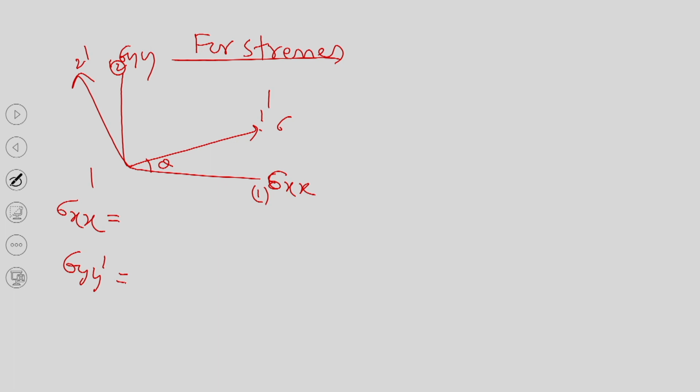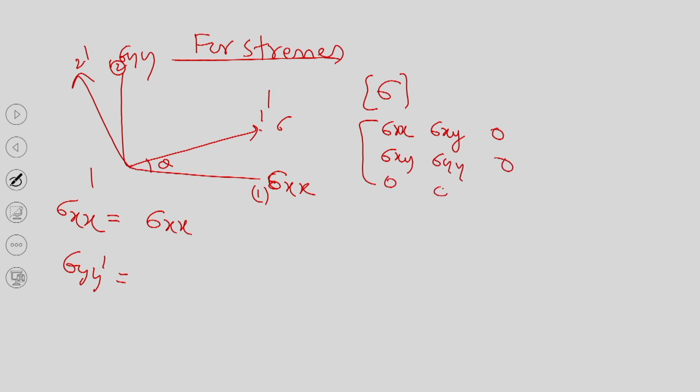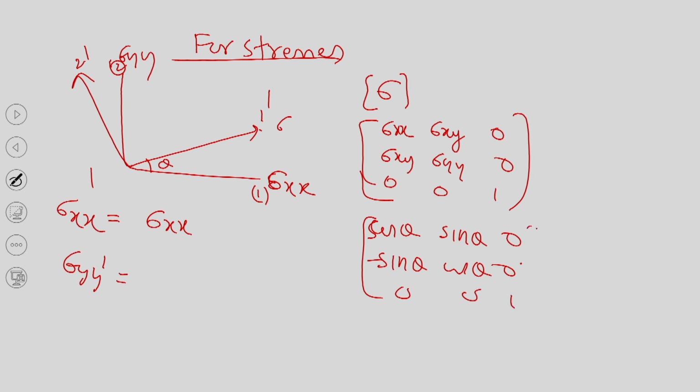Here also you have the same way. If you talk about two dimensional, it will be sigma xx, sigma xy, 0, then again sigma xy. Your matrix will look like this for a purely two dimensional case. Then cos theta, sin theta, 0, minus sin theta, cos theta, 0, 0, 0, 1.